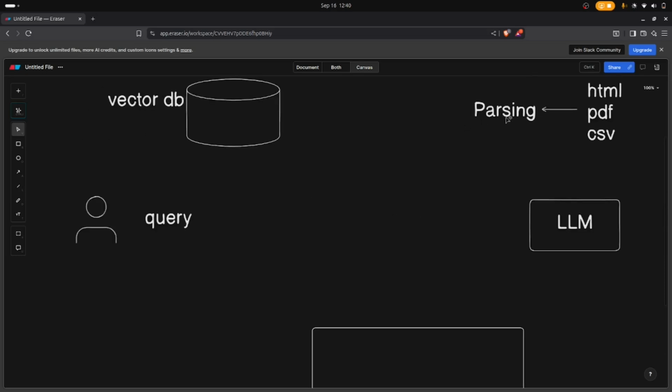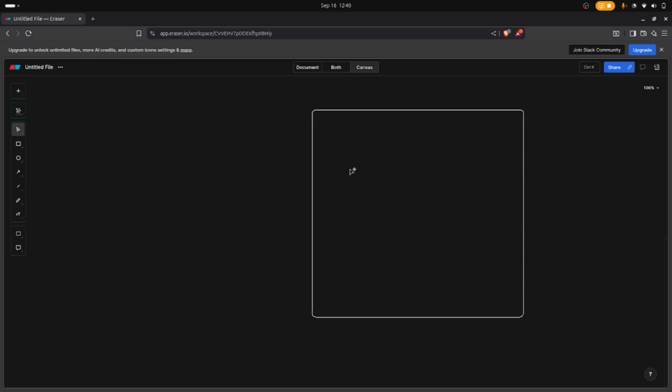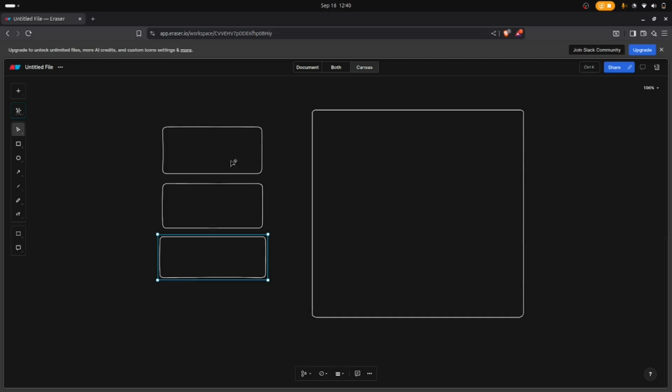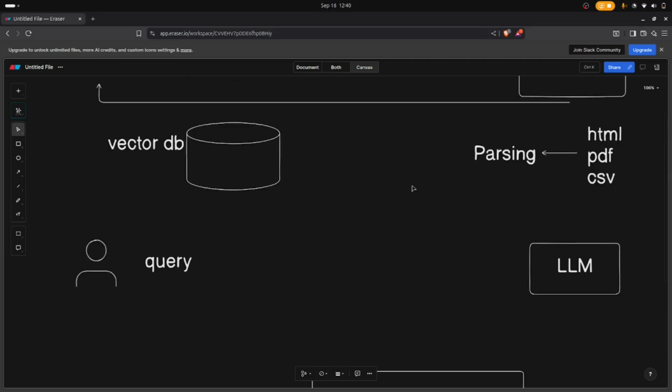In the parsing step, we create chunks of your data. Maybe we create a chunk for the first paragraph, another chunk for the second paragraph, and so forth for the third paragraph. After we create the chunks, we convert them into embeddings. But you might be asking, how do we even convert this to embeddings? To convert into embeddings, we have special models which are called embedding models.